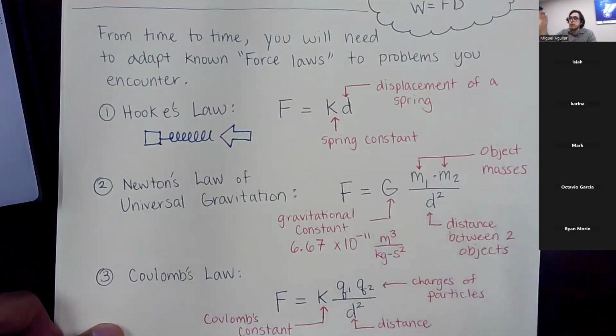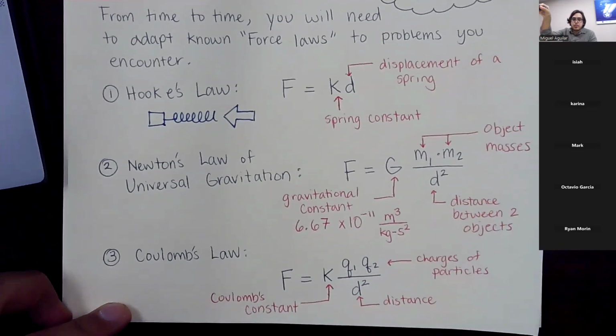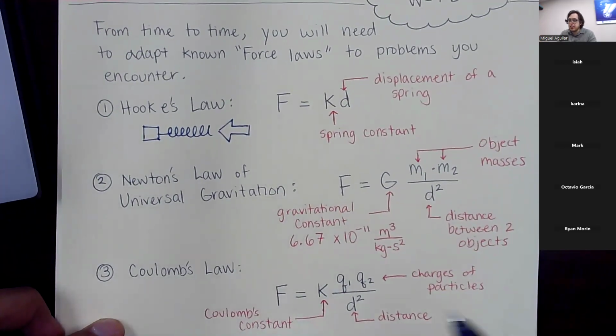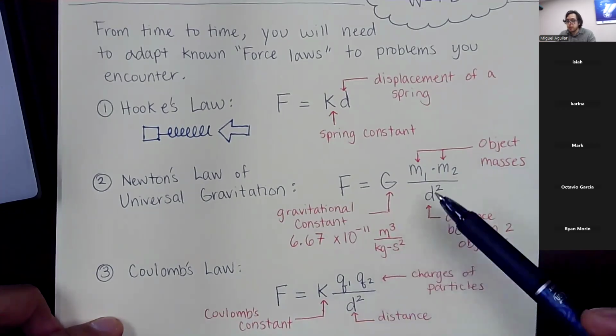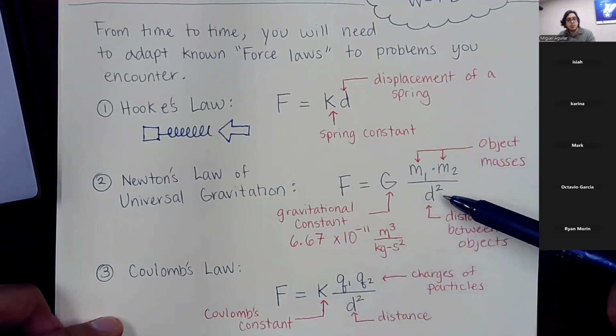And then Coulomb's law describes basically the electromagnetic attraction between two charged particles. So this formula, if you've never encountered it before, you would see it in physics too, because that's when you talk more about electricity and electromagnetism. This is analogous to Newton's law of gravitation, right?